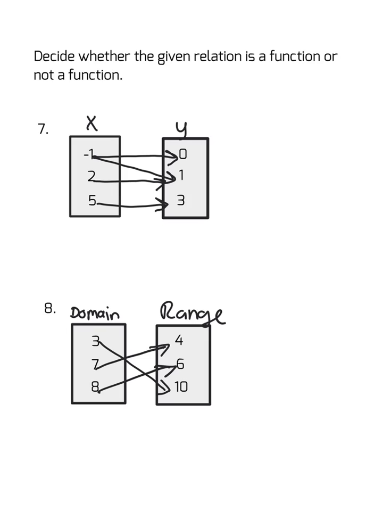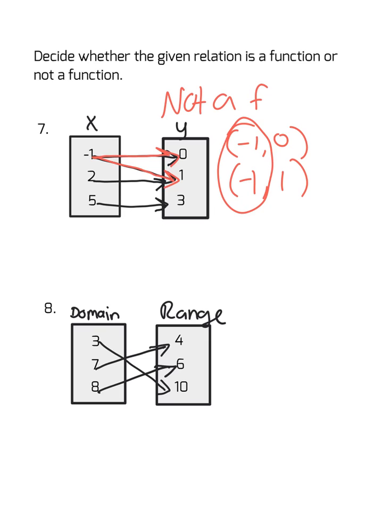And so when you're looking at this map, I want you to notice this -1 is pointing to 0 and 1. So if you were to write those as ordered pairs, that would be -1, 0 and -1, 1. And so since we have those repeating x values, that is not a function.